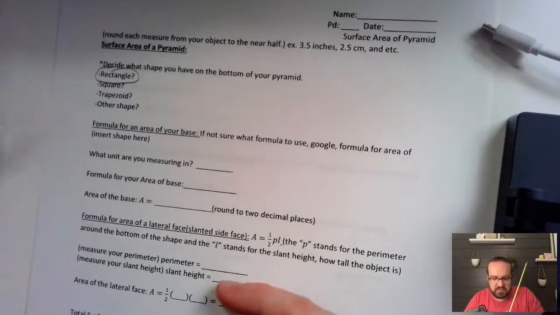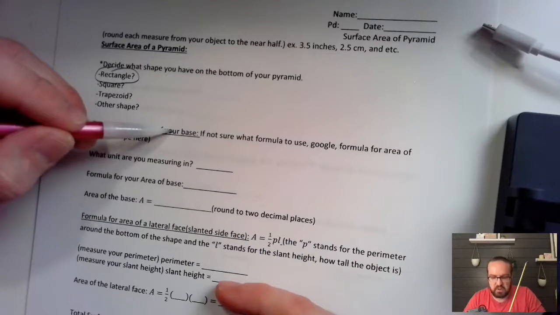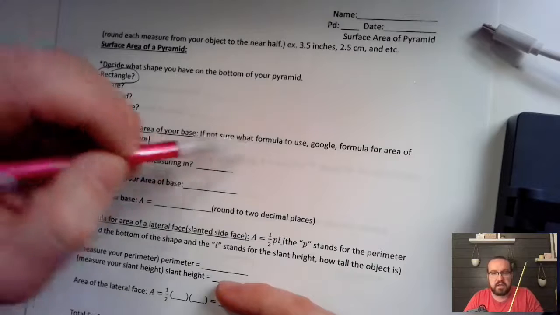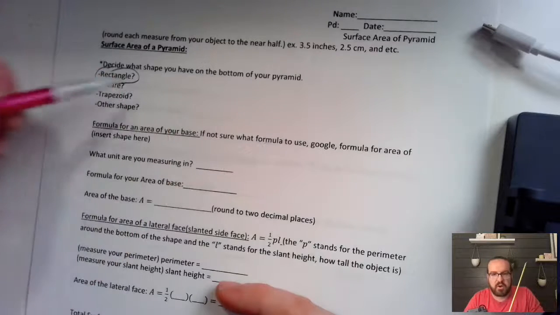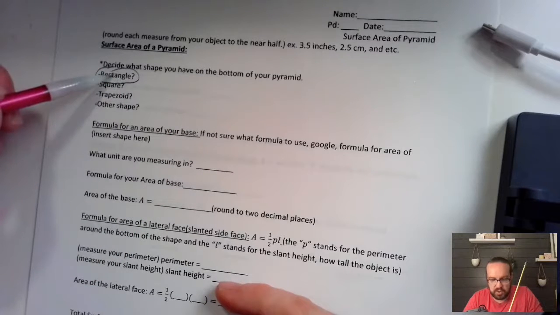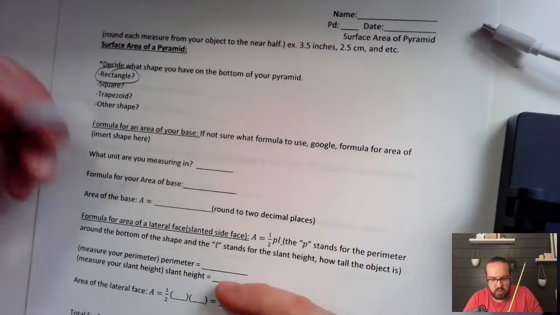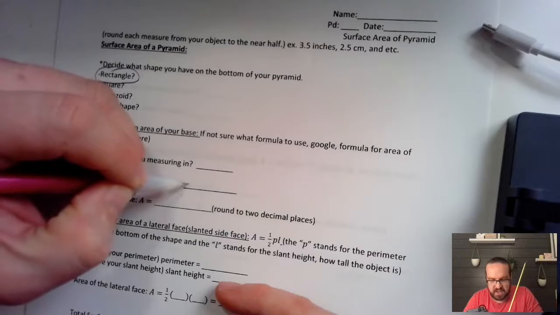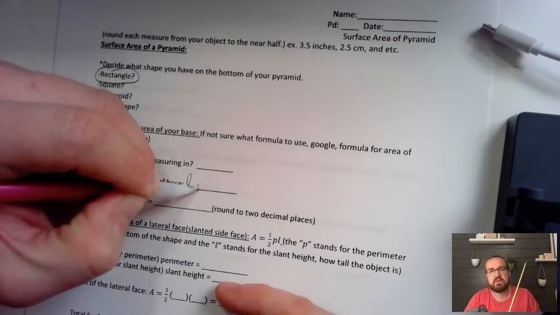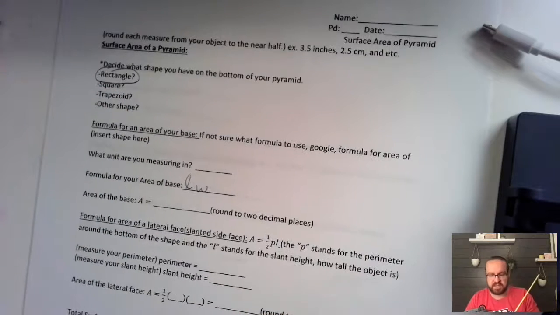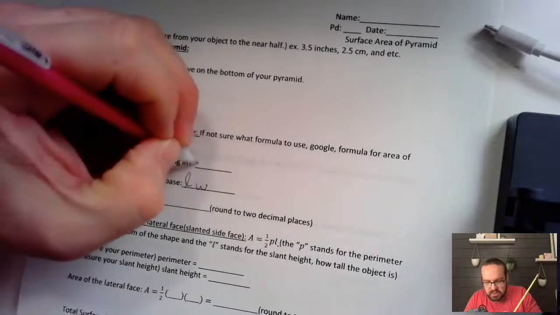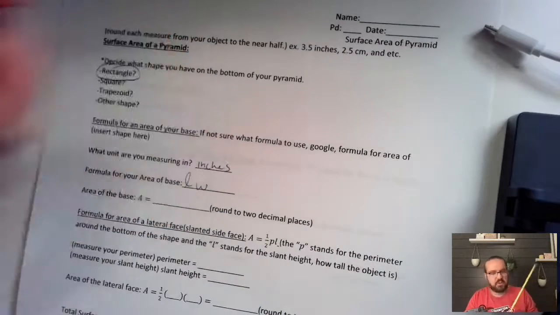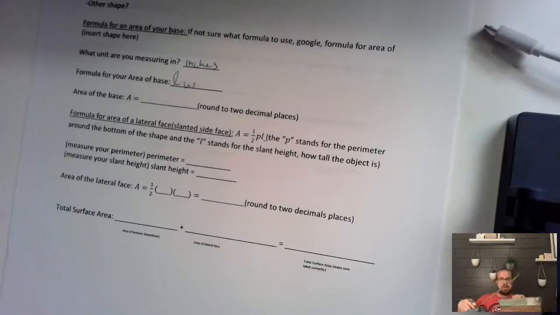Alright, so it says formula for the area of the base. If we're not sure what formula for area of a rectangle to use, we can just Google it. So the formula for the area of the base is just length times width. I'm going to be measuring this in inches with my tape measure here.